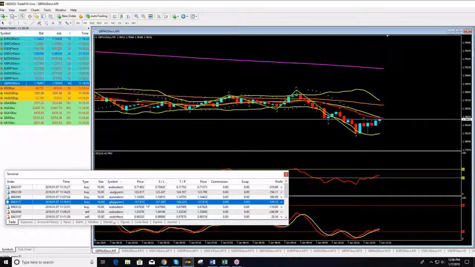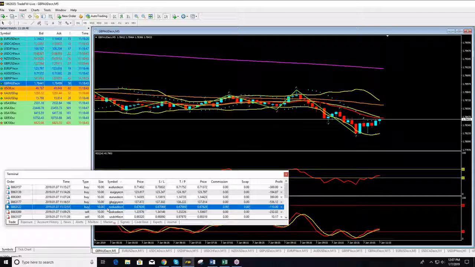I'm long pound yen at 137.872, stop loss 137.302, and take profit 138.322. I'm long the Kiwi, New Zealand USD at 0.67639, stop loss 0.67069, and TP 0.67989.